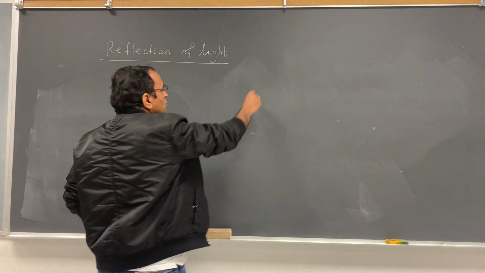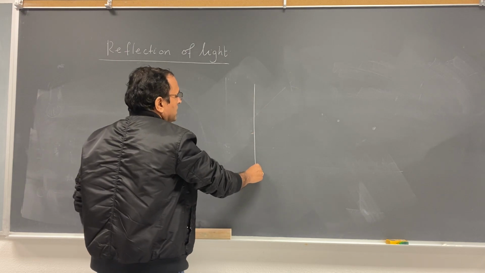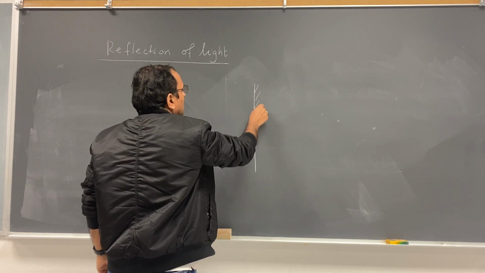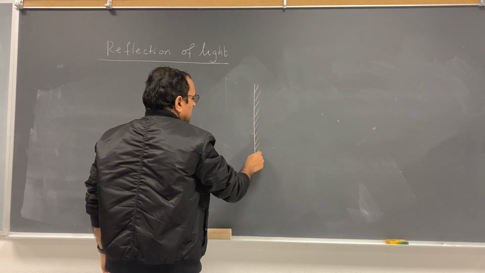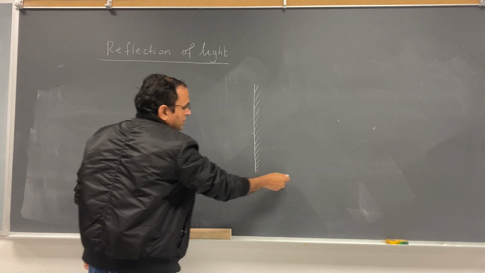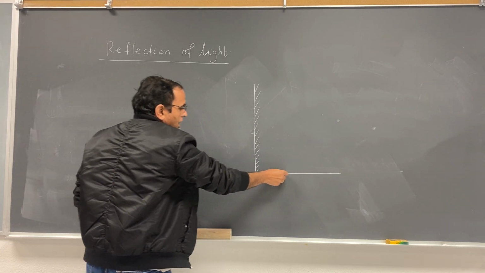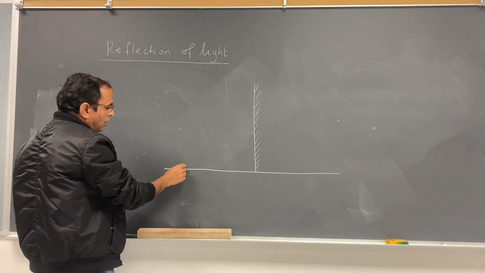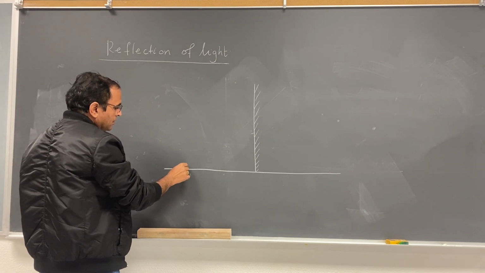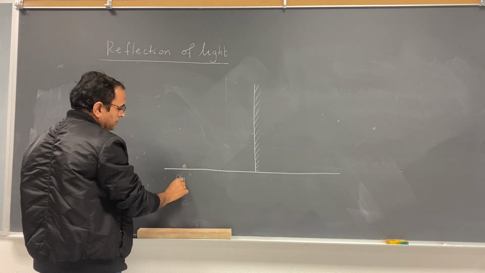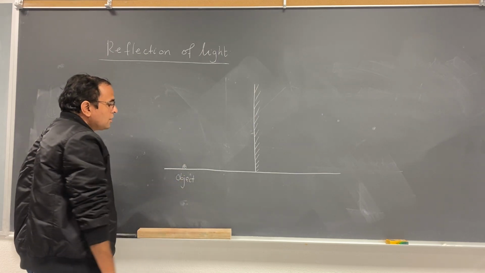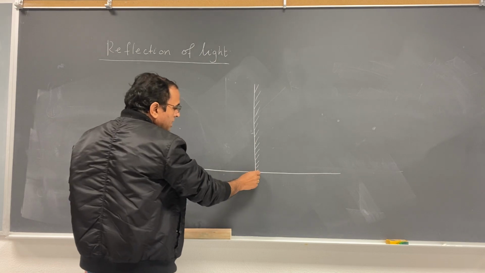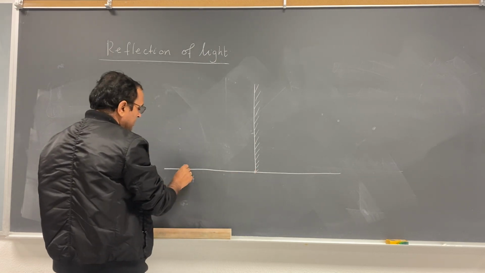You can draw it this way also. Let us suppose this is the plane mirror, and consider this is the ground. You have an object right there. This is the plane mirror, and the object is there.